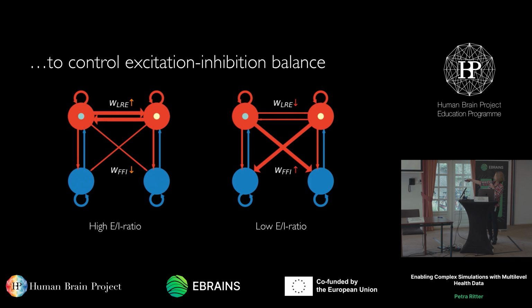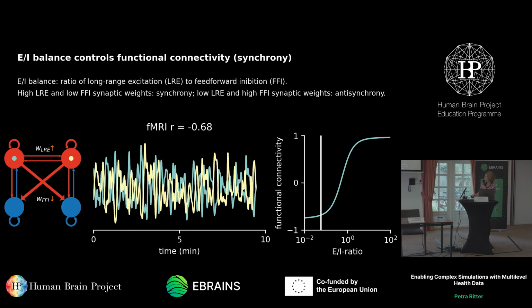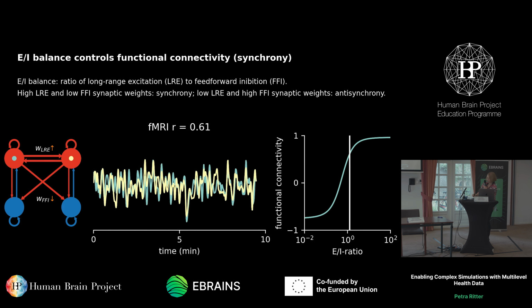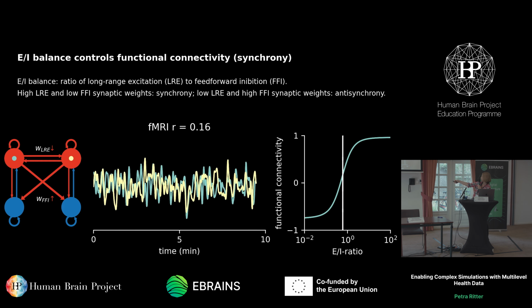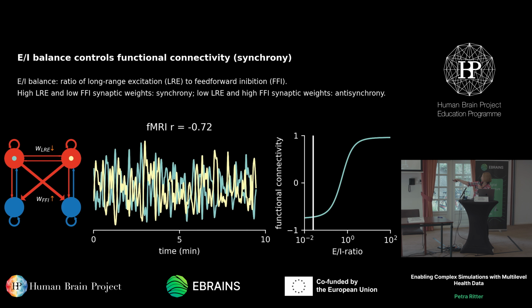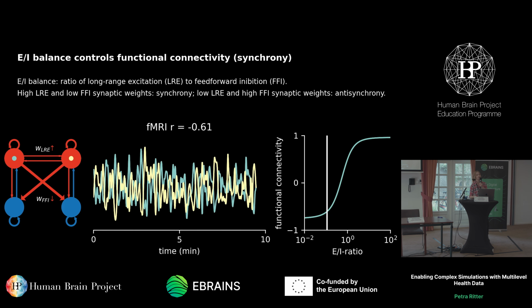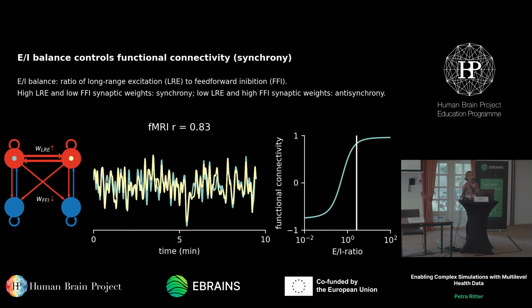And we can change this excitation-inhibition ratio by going down with the long-range excitation value and going up with the feed-forward inhibition value. So we can tune the EI ratio. And if we do this, you see that tuning the EI ratio, you see here how we change it systematically, changes the resulting functional connectivity. So this is an easy approach to tune your functional connectivity.